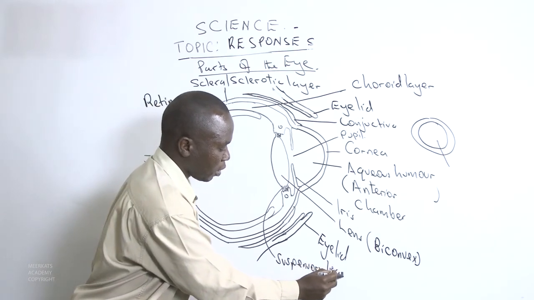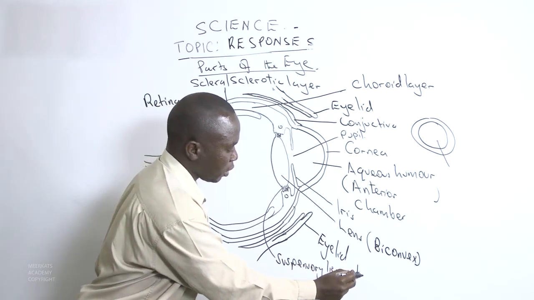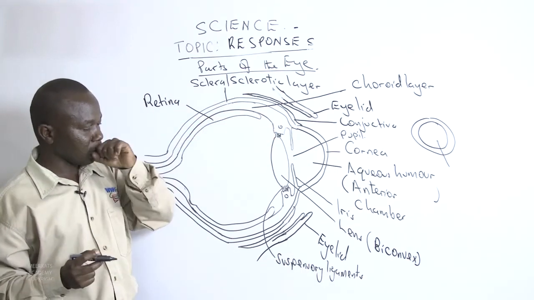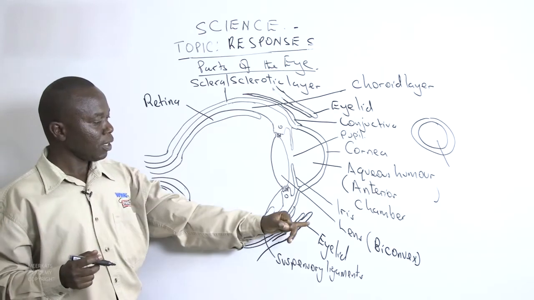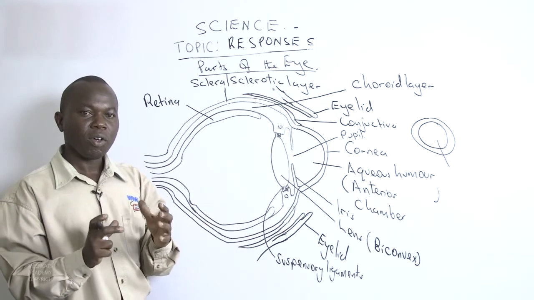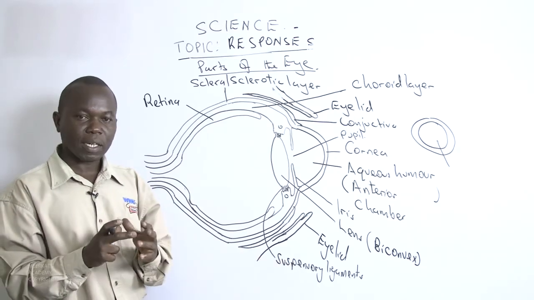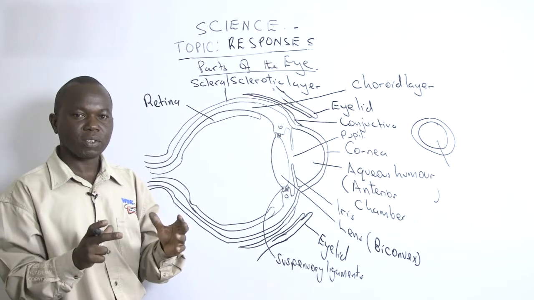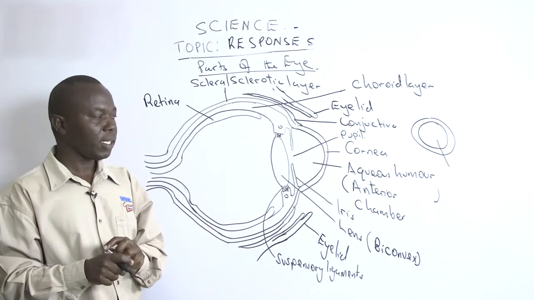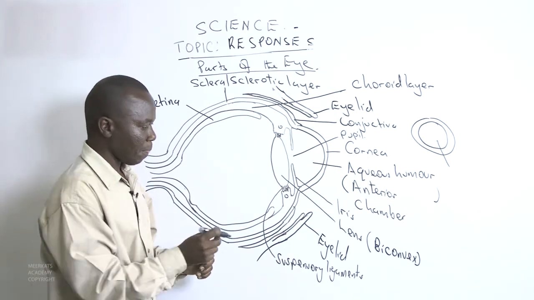They are the ones that are holding the lens in position. They also have a role when they contract and relax. When suspensory ligaments contract and relax, they change the shape of the lens.